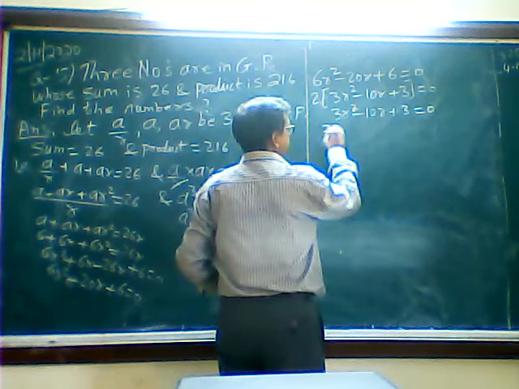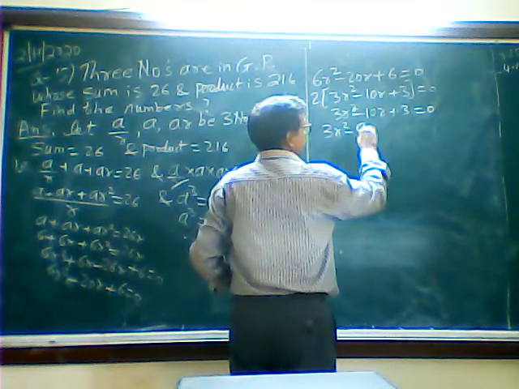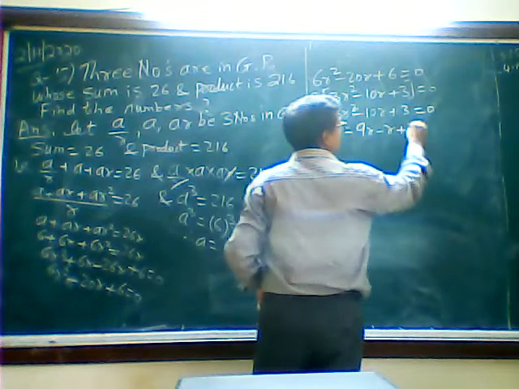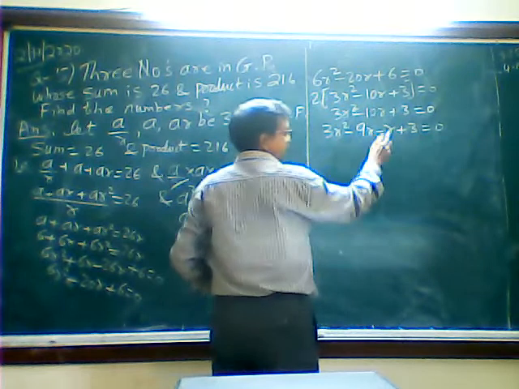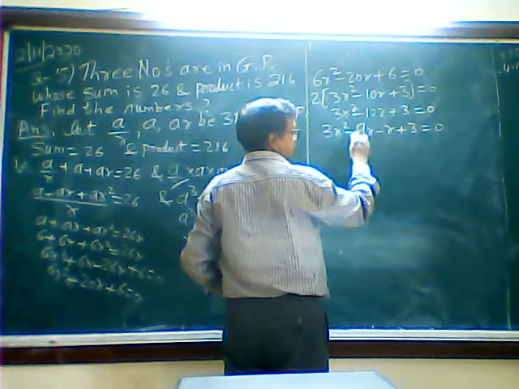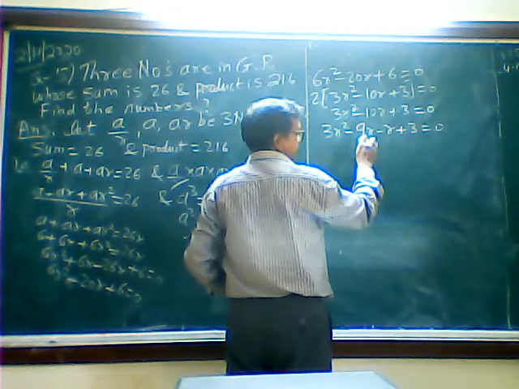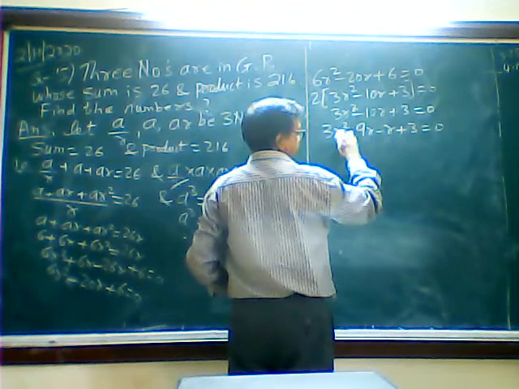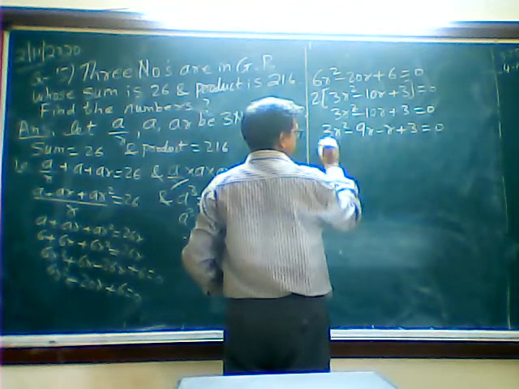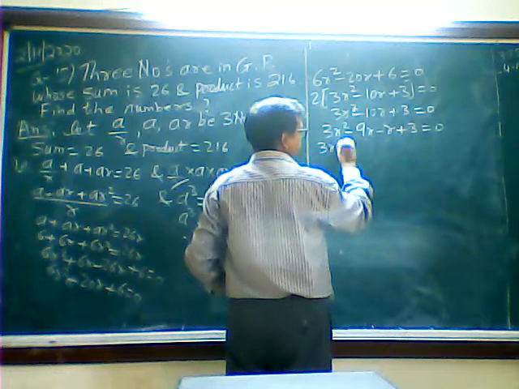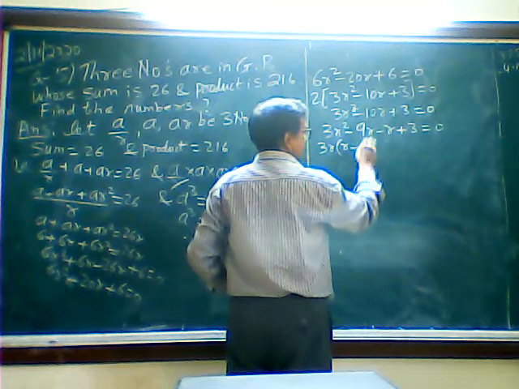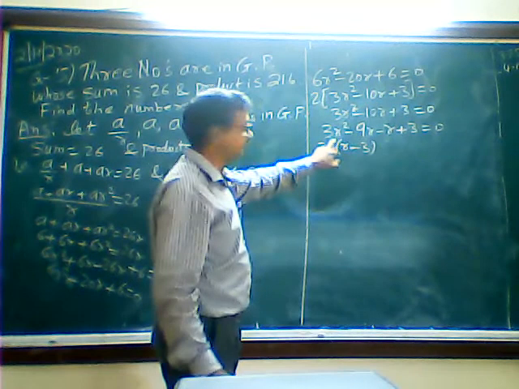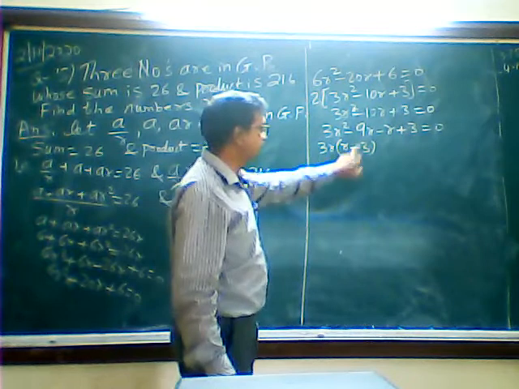This is the quadratic equation. So what I will do: minus 9R minus R will give me minus 10R. In the same way, if you multiply minus 9R into minus R, I will get plus 9R square, that is 3 into 3. I will take 3R common here: 3R into R is 3R square, 3R into minus 3 is minus 9R.